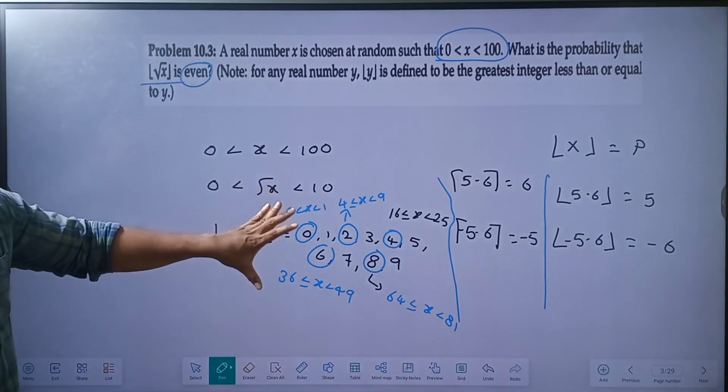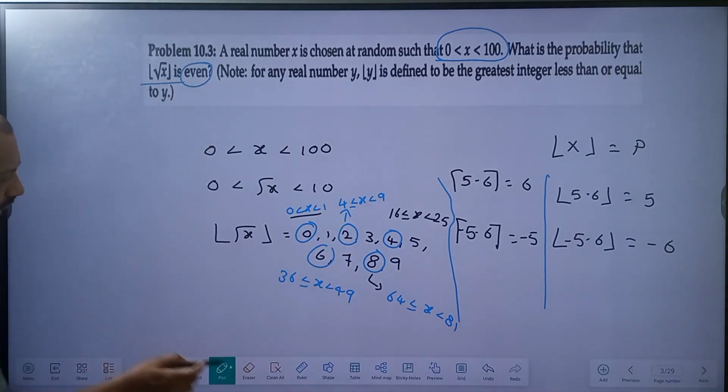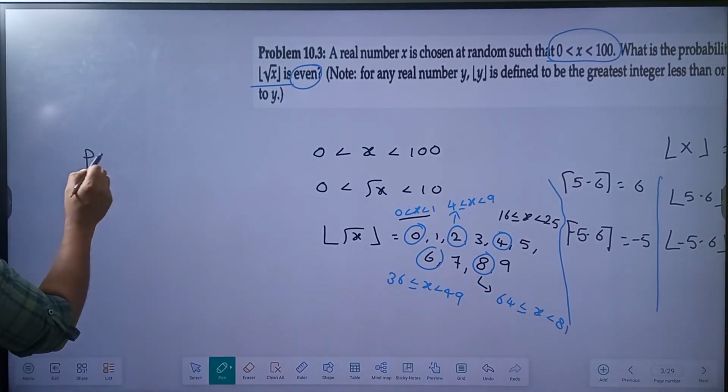So the corresponding successful regions are 0 to 1. So the corresponding successful region, directly I am writing the probability.